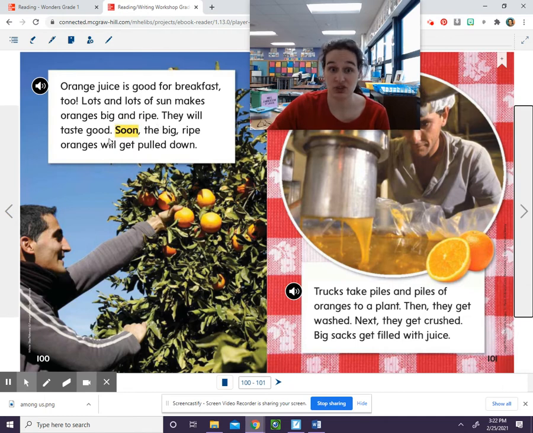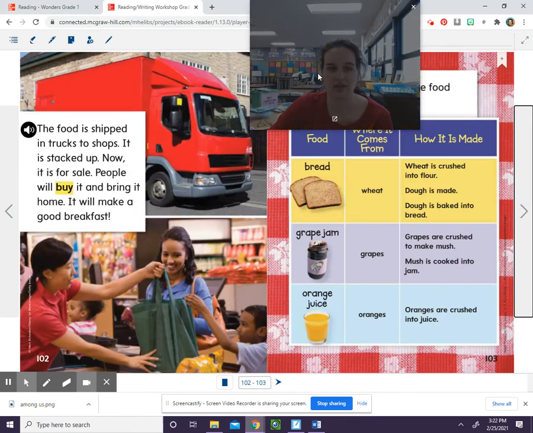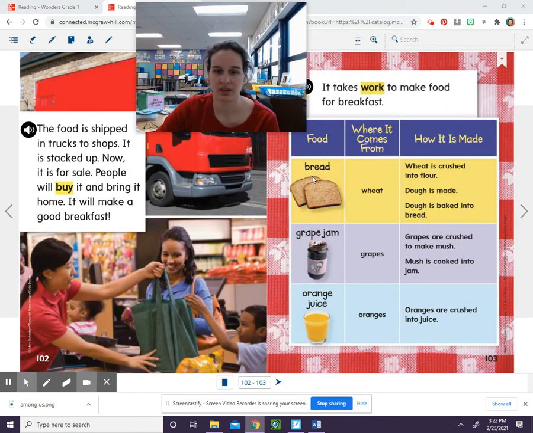They will taste good. Soon the big ripe oranges will get pulled down. Trucks take piles and piles of oranges to a plant. Then they get washed. Next they get crushed. Big sacks get filled with juice. And then I want us to take a look at the chart. So it says it's oranges, and all you have to do is oranges are crushed into juice. That's pretty easy, actually.